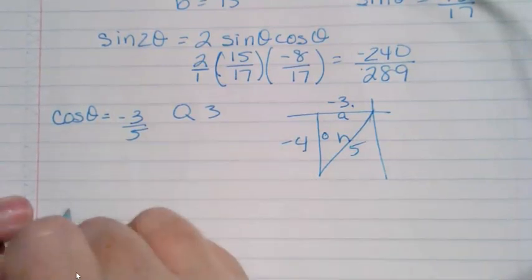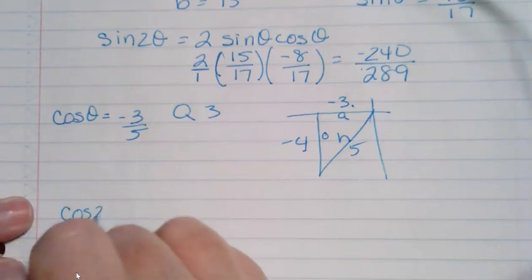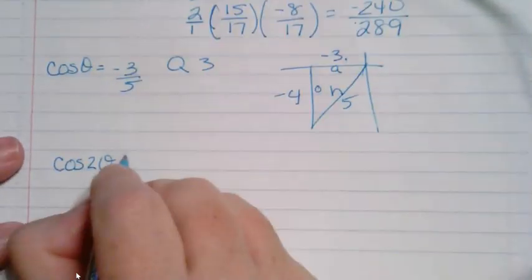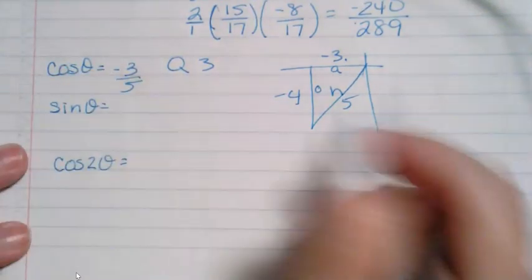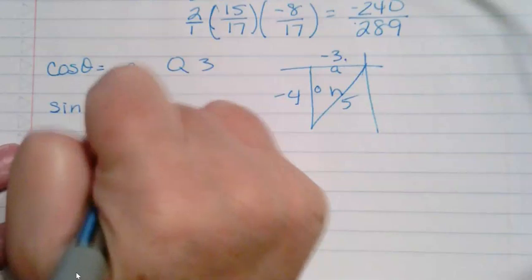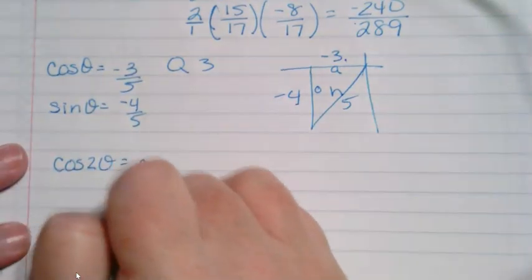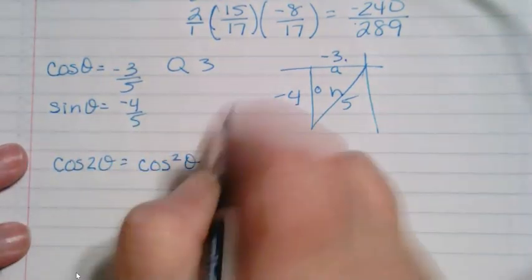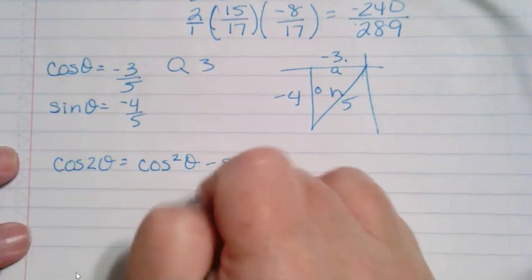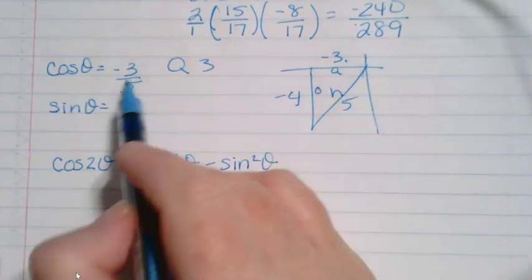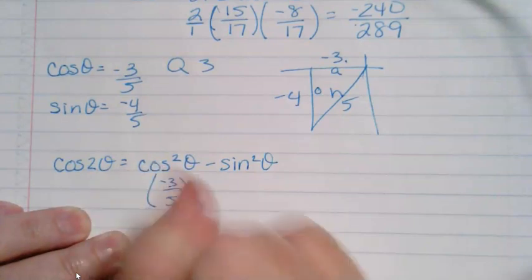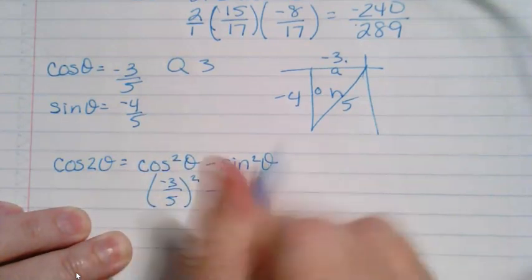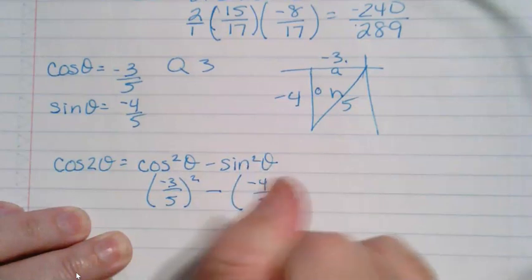The question here is, what is cosine 2 theta? Oh, I need sine. So sine is going to be negative 4 over 5. Oh, I'm so sorry about that. So the formula here is cosine squared minus sine squared. So cosine, which they gave to me, is negative 3 over 5 squared minus sine, which is negative 4 over 5 squared.